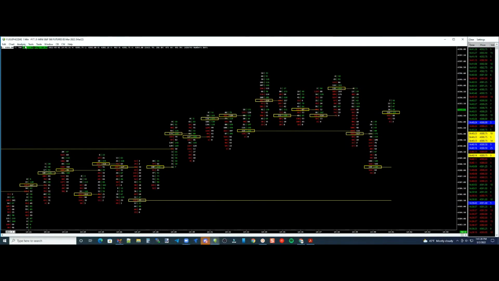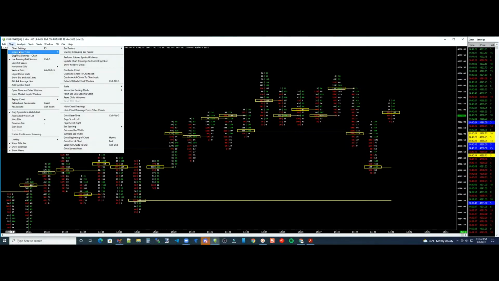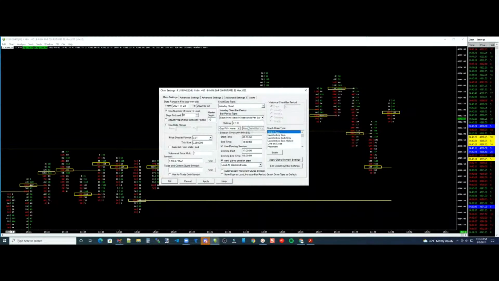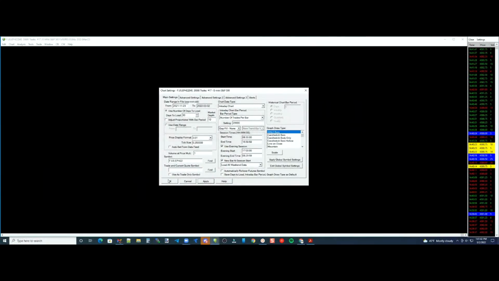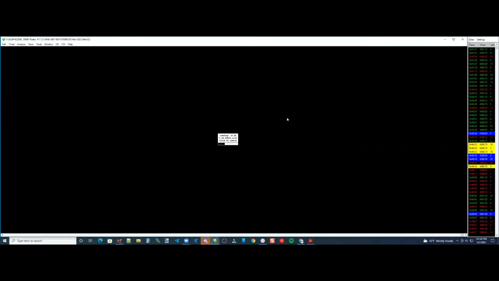Now, my personal preference, I'm going to go ahead and set this up. My personal preference, and I would tell you that everyone should at least give it a shot: I like it trades per bar and I like it 20,000. Okay. This is just after years of experience. So let's go ahead and let that reload.